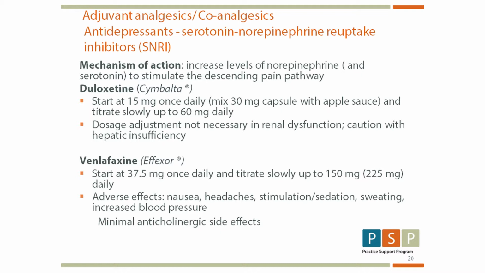Because it's an antidepressant, all of these have to be titrated up slowly with an observed period of effect over at least 6 to 8 weeks before we give up on that medication in general. But if the side effects are really strong, then we have to wean down slowly. The highest dose that I've seen used for pain management is 120 milligrams once daily.